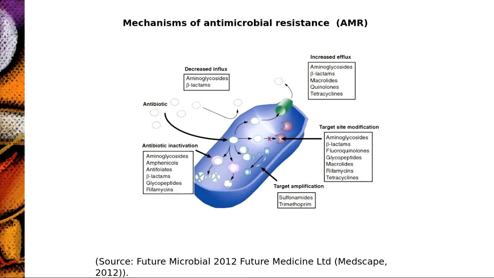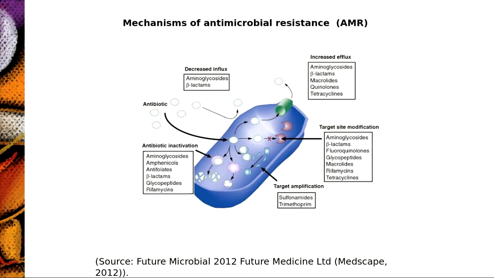On the other hand, there is a third mechanism here, antibiotic inactivation. For example, enzymes like penicillinase. You know, Staphylococcus aureus, penicillin, when it was discovered by Alexander, it was working on Staphylococcus, but soon it learned how to become resistant by developing penicillinase.